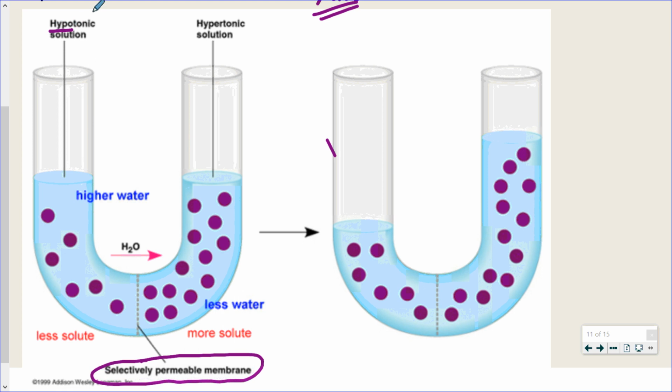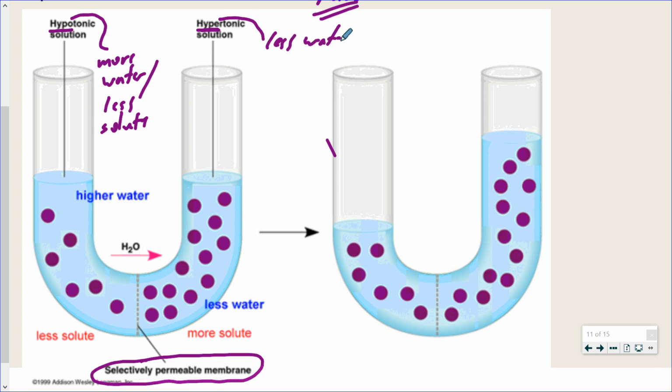A hypotonic solution is a solution where you have more water, and because of that, you have less solute. Hypertonic solution is where you have less water and you have more solute.